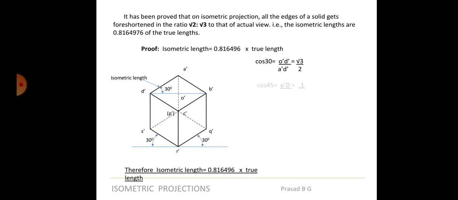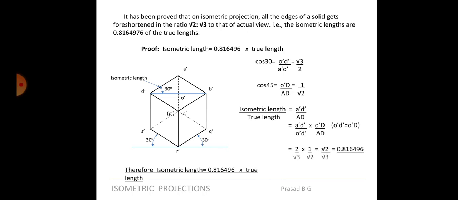Next, cos 45 is equal to O dash D dash divided by AD, that is 1 by root 2. Where is that O dash D dash? I will show you in the sketch. This part should have been done first actually, anyway, doesn't matter. Now you can see the blue colored portion here.